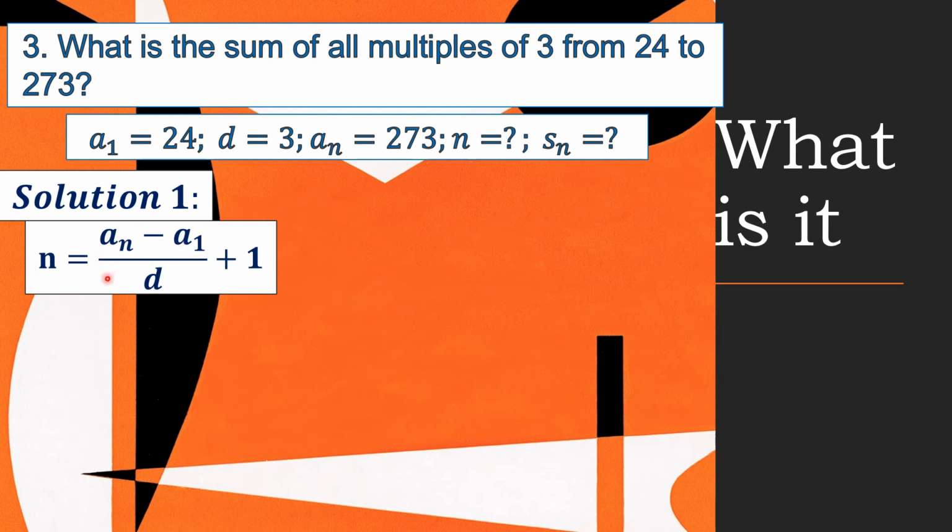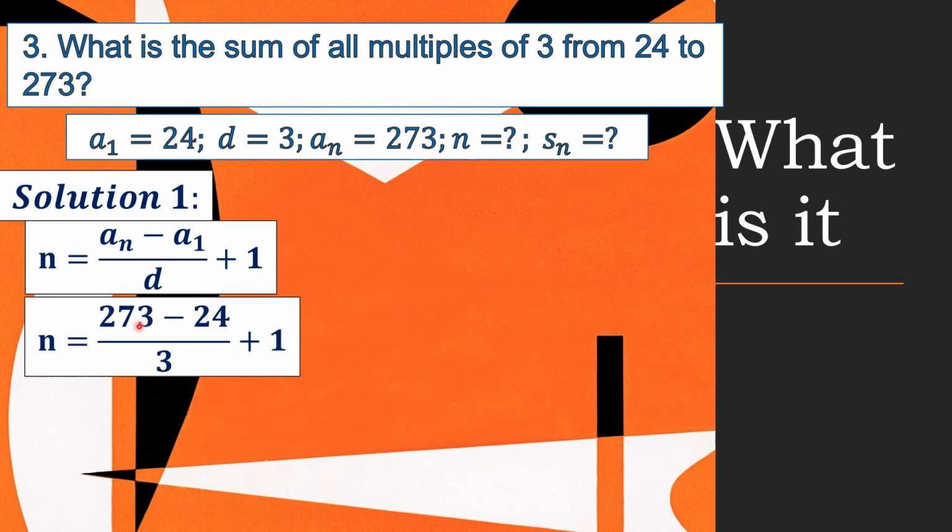Using the formula dun sa arithmetic sequence natin before kapag nawawala ang n. That is, n is equal to a sub n minus a sub 1 divided by d plus 1. So, substitute ulit. Ang a sub n natin ay 273 at ang a sub 1 ay 24. Ang d ay 3.